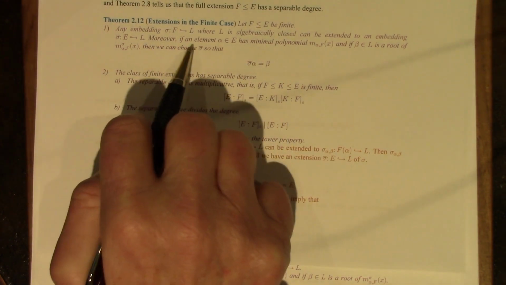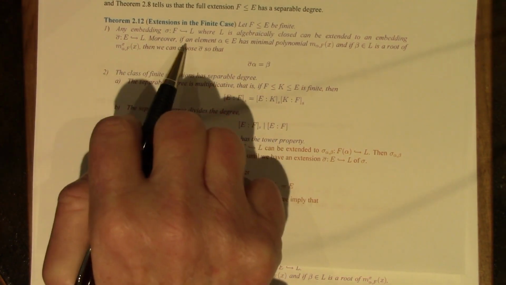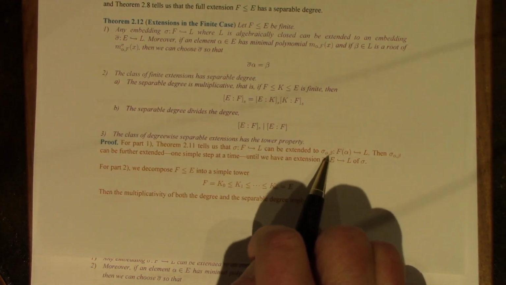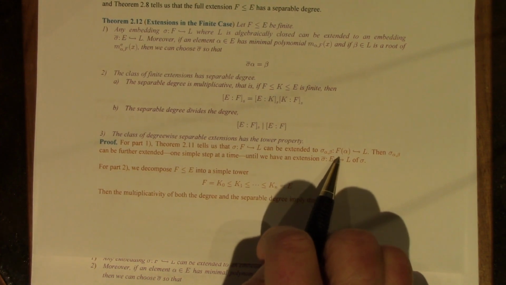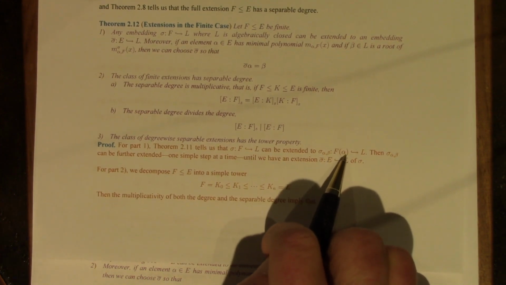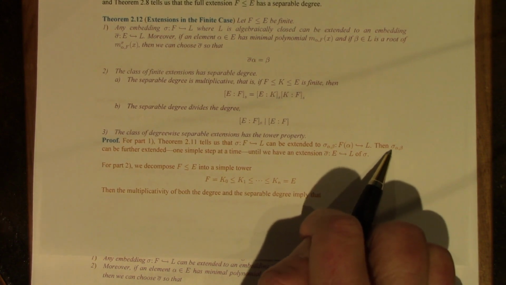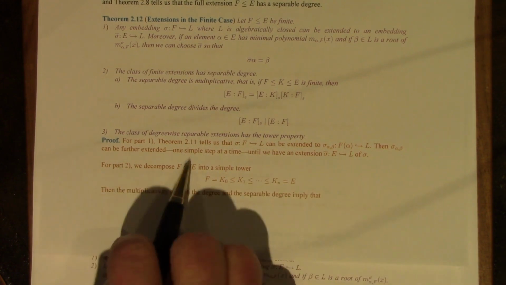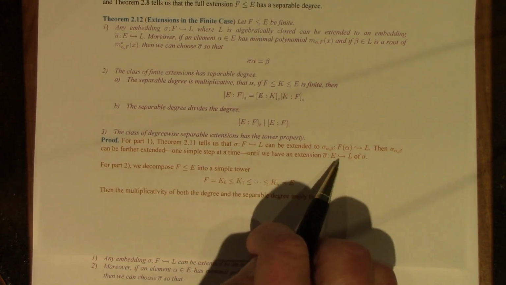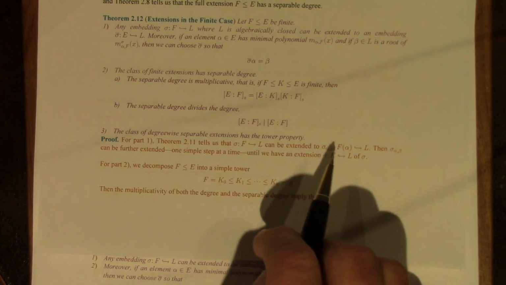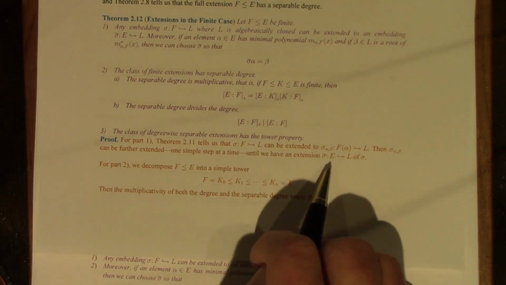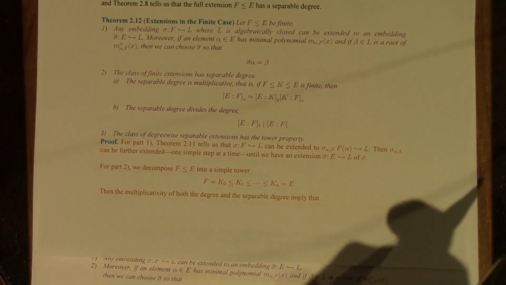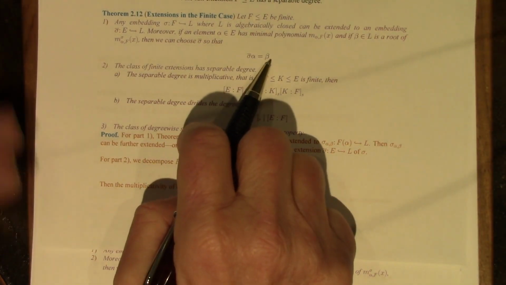There's two statements here, we're doing them both at the same time, so we have an alpha in E. We can bump up sigma to the domain F with alpha adjoined, and that'll give us this map we're calling sigma sub alpha beta, and that can be further extended one step at a time through the tower because of the previous results, and that'll give us an extension of E to L. You could specify more values along the way.